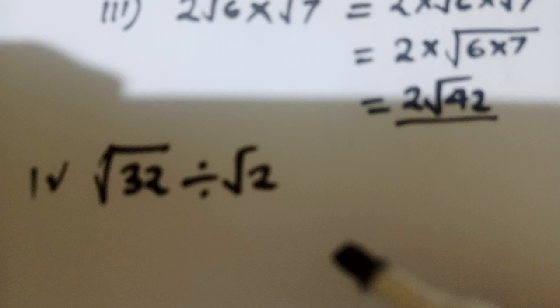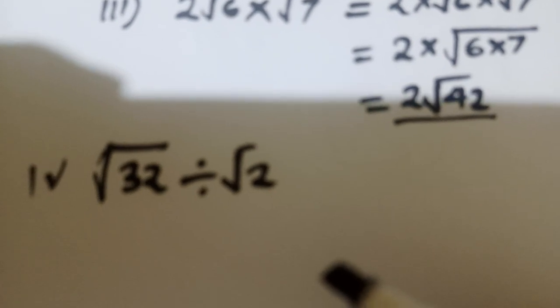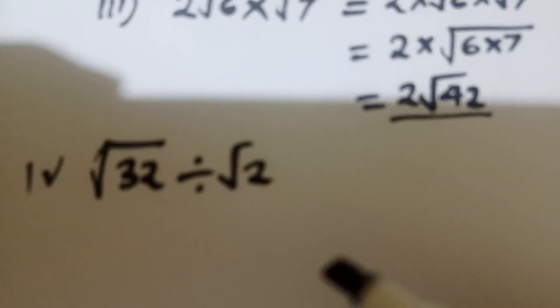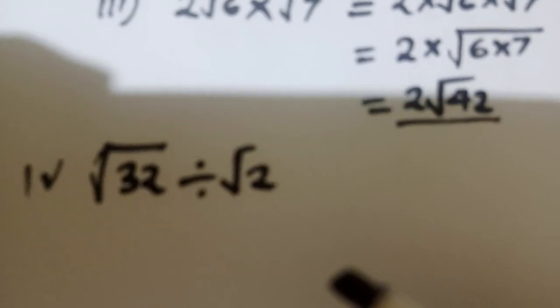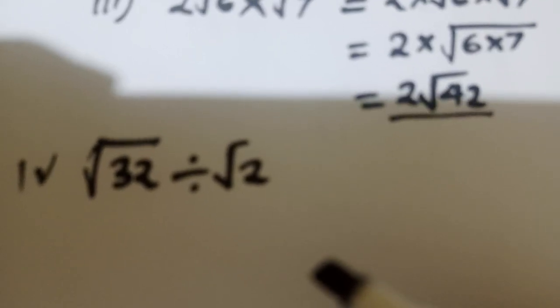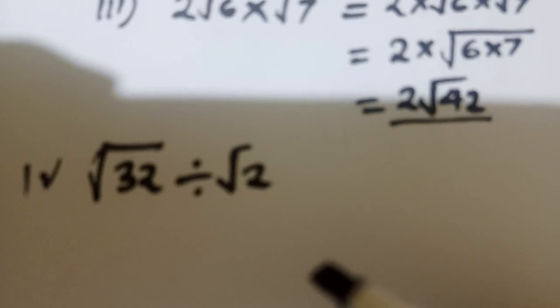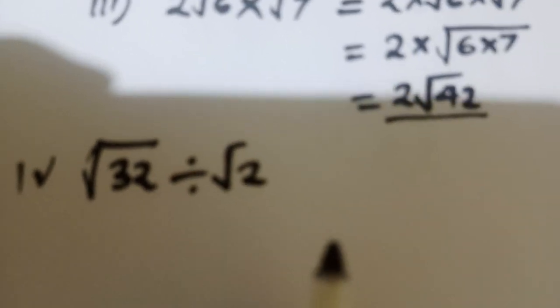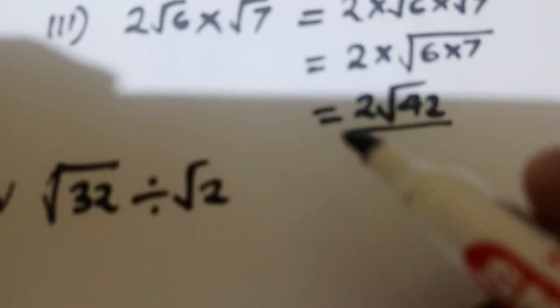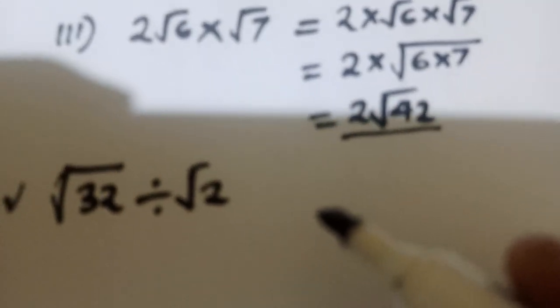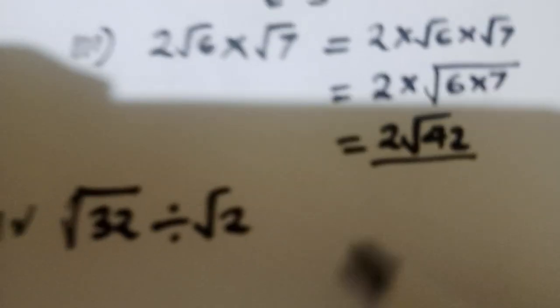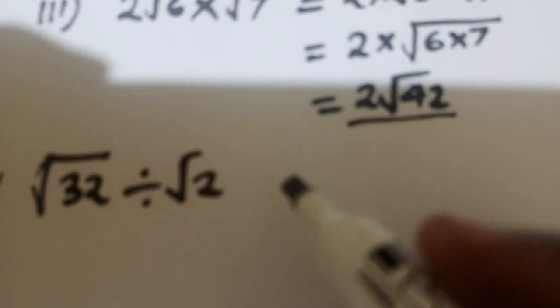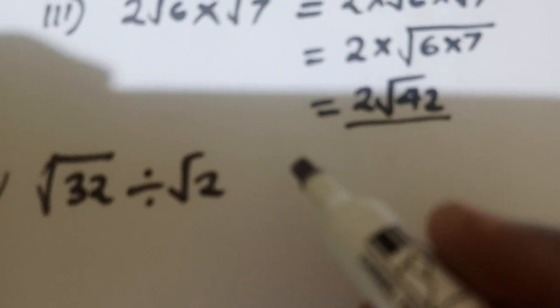Now remember, in most cases we'll deal with surds of order 2. That does not mean that that is the only order of surds that we can have. We can have as many orders of surds, but there's an inclination to square roots or surds of order 2. That's why most of our examples will be about order 2.